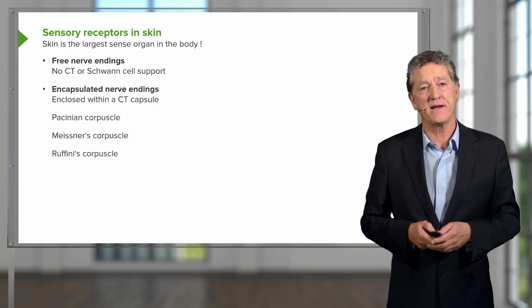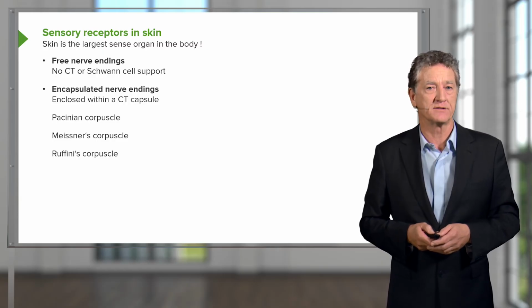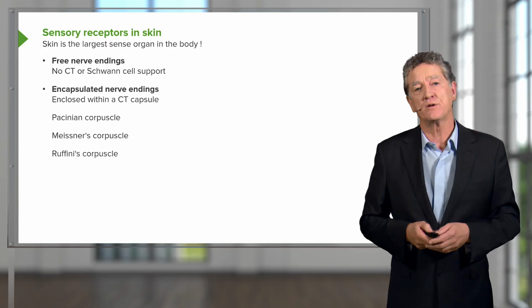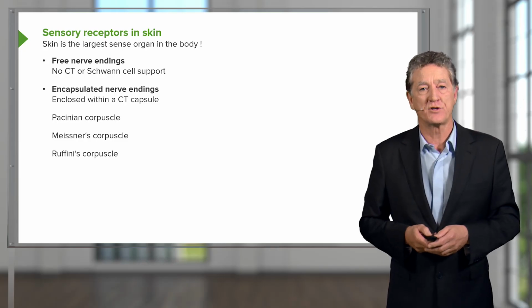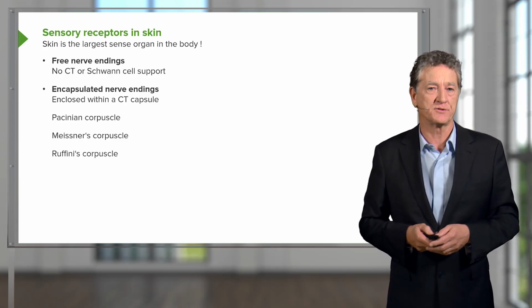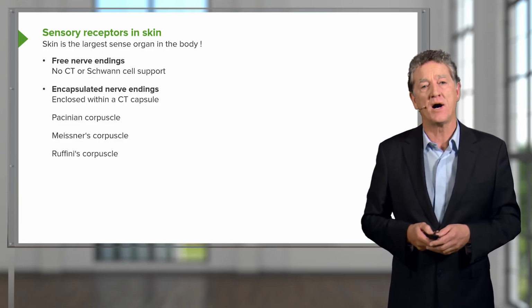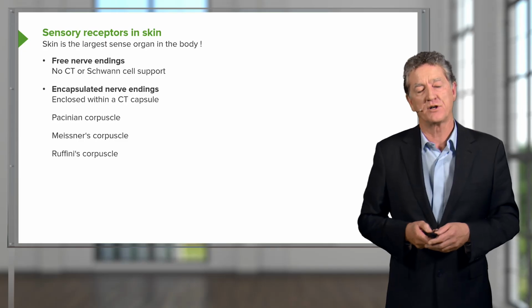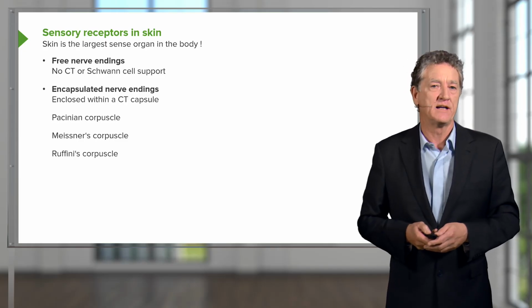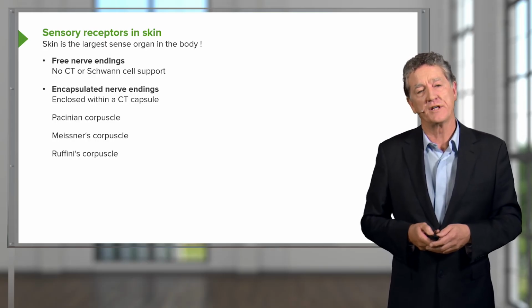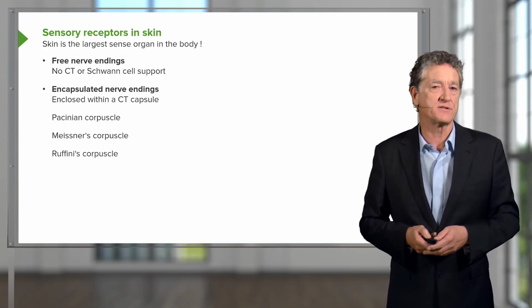What I'm going to emphasise are two encapsulated nerve endings. By encapsulating, I mean that they're enclosed by certain connective tissue components or capsules. And I'm referring mainly to the Pacinian corpuscle and Meissner's corpuscle, because Ruffini's corpuscles, again, are structures that are very hard to see using routine histological processing.